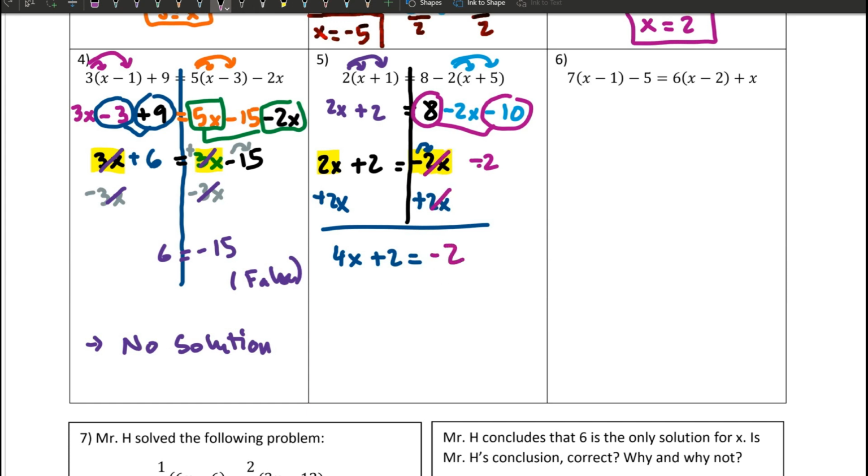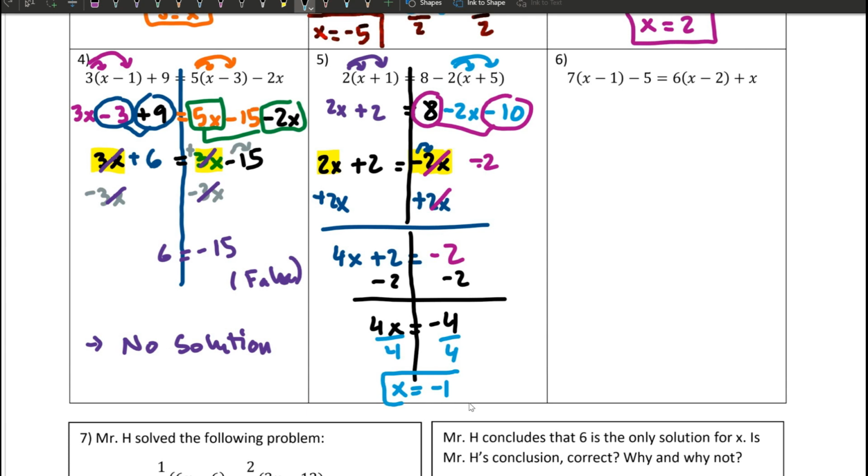Bring down the negative 2. And then minus 2 from both sides. That will give you 4x equal to negative 4. And then divide by 4 on both sides. x equals negative 1. Okay, so that would be it.